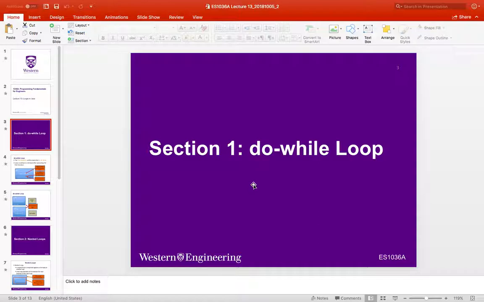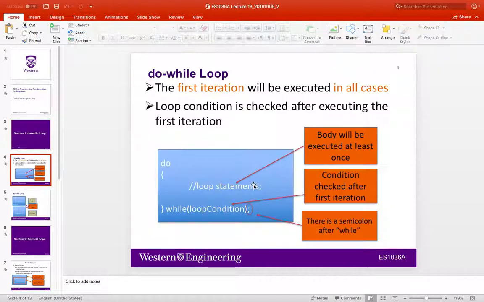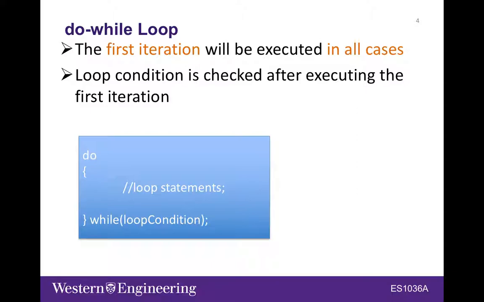The third type, which is do while, is the same as the while loop, but in the case of do while, we state a do, then the braces, here's the loop body and statements, and here's the while, and here's the loop condition that should be checked in order to terminate the loop.